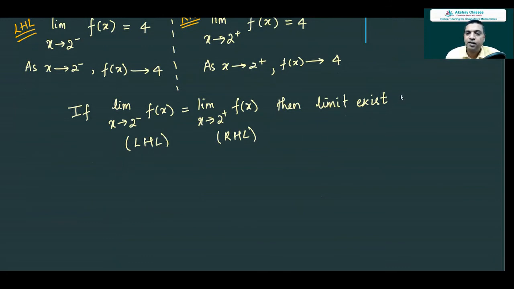So we write limit x tends to 2 f of x exists, and in this case it's equal to 4.